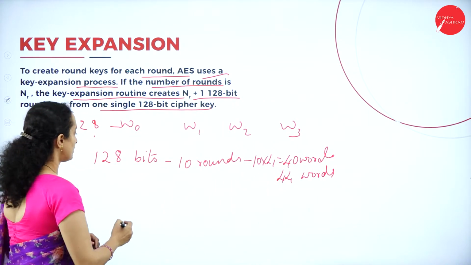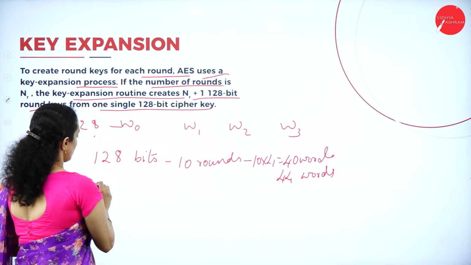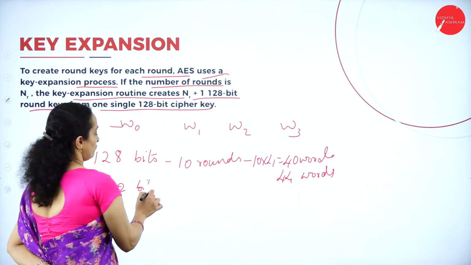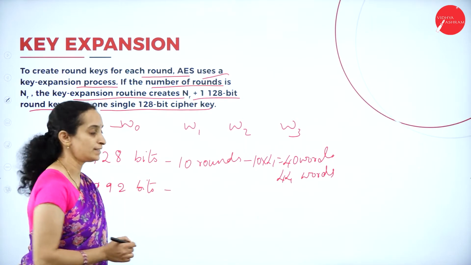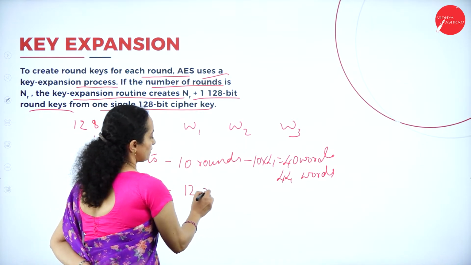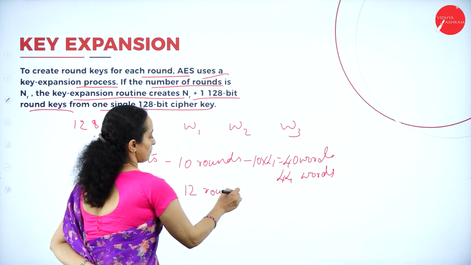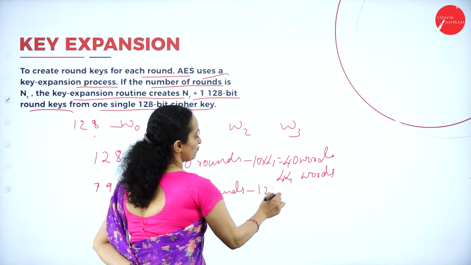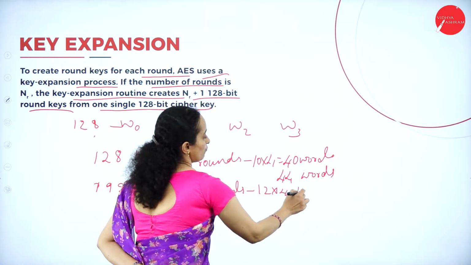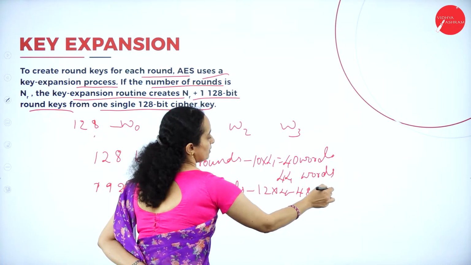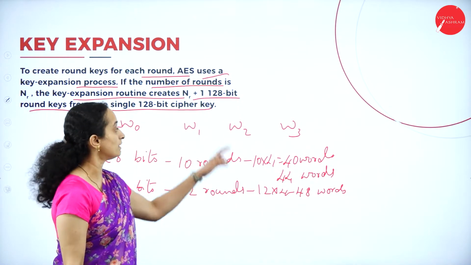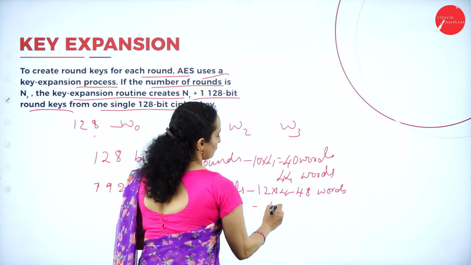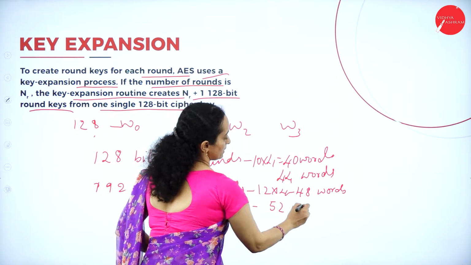Next is, if it is 192 bits. If you are using 192 bits, you are following 12 rounds. Now that means 12 into 4, that is 48 words will be generated. But as the key expansion says plus 1, that means 52 words will be generated.